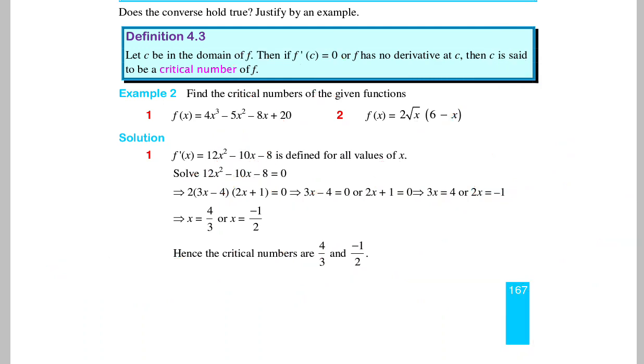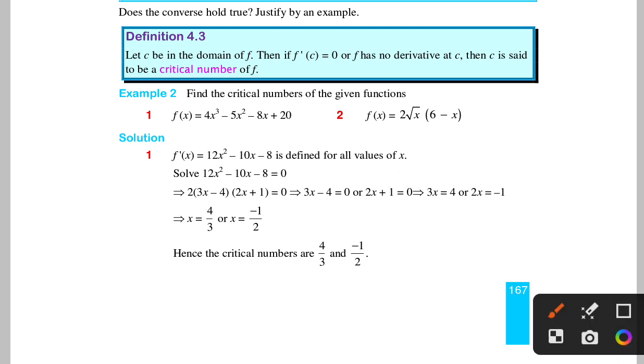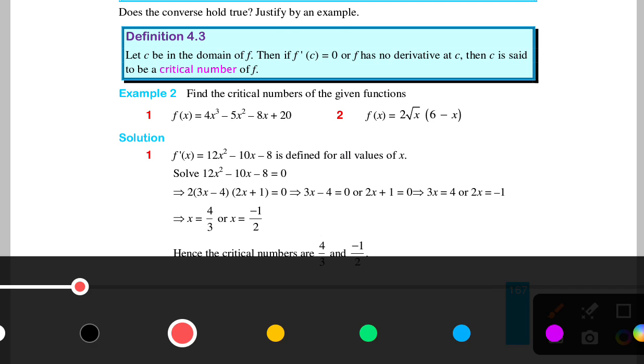Let me rewrite this as well, a little bit smaller.